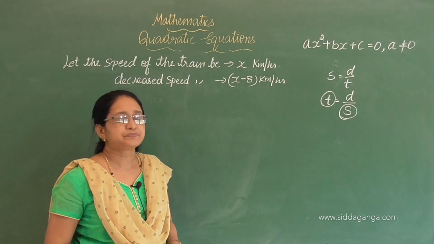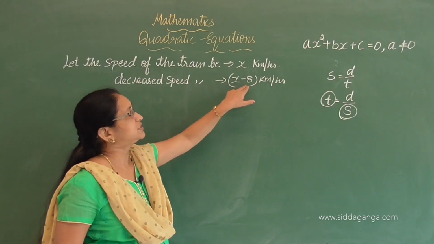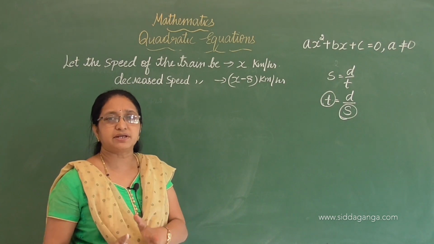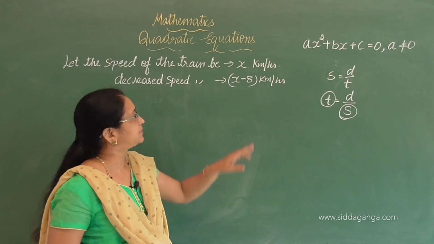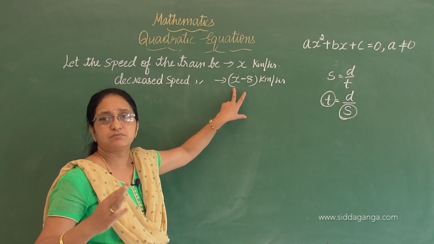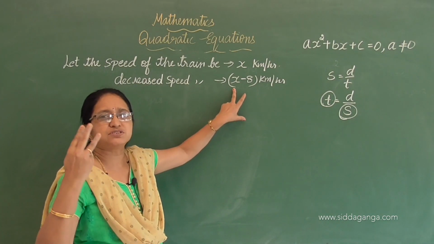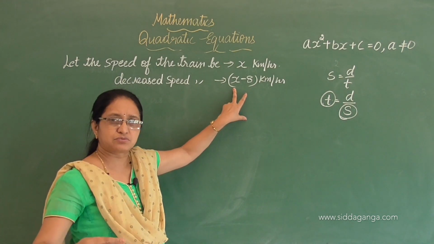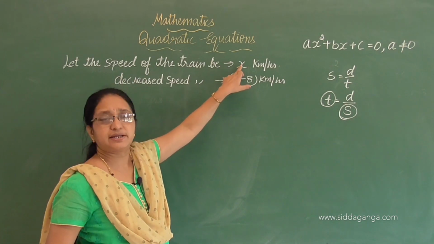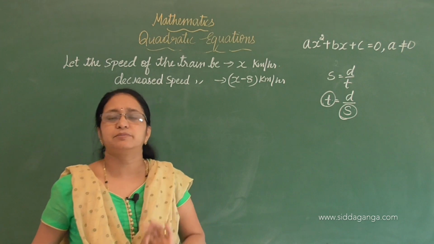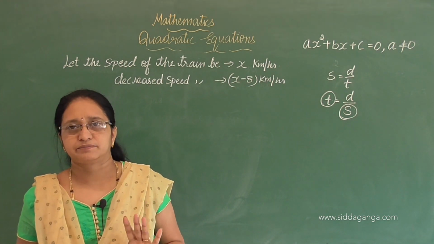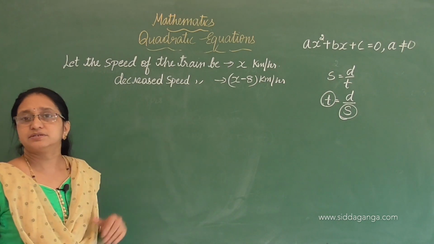I repeat, when the speed of the train is less by 8 km per hour, then the time taken will definitely be more. By how much more? 3 hours more than what it would have taken when the train was going at x km per hour. That you should keep in mind, then only you can write the equation.